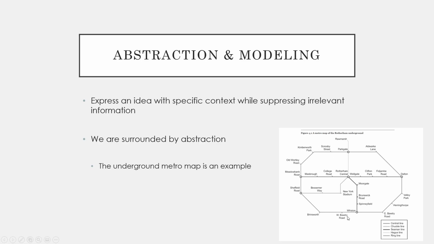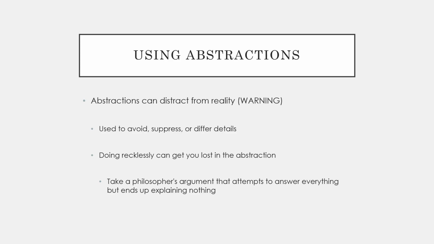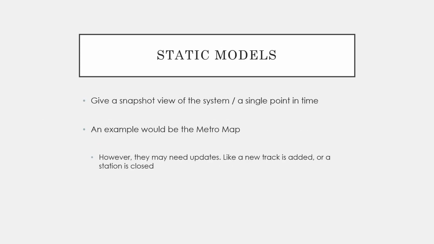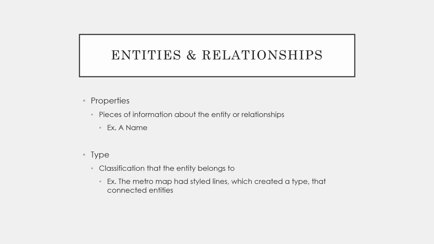My metro stations. These lines are the relationships that connect those stations together. And let me go back to the slide. Okay, so we've talked about properties, we've talked about type.